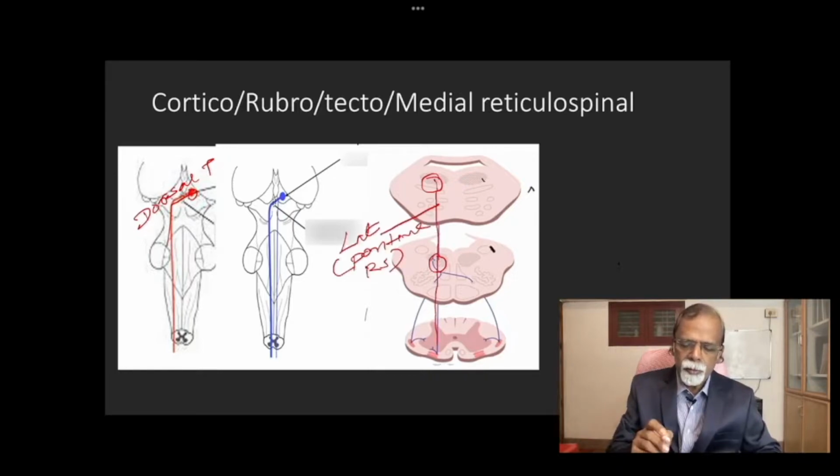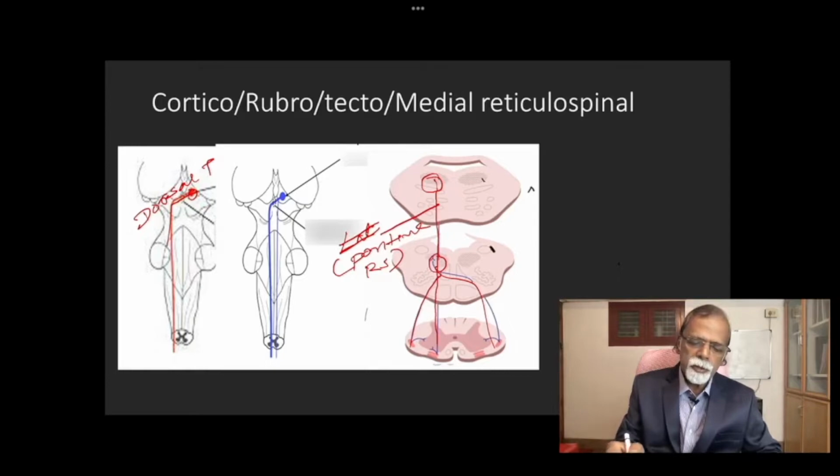It is called the medial reticulospinal tract. And the one arising from the medulla is called the lateral reticulospinal tract. The lateral reticulospinal tract crosses to the opposite side in some of its fibers, and some descend down ipsilaterally.